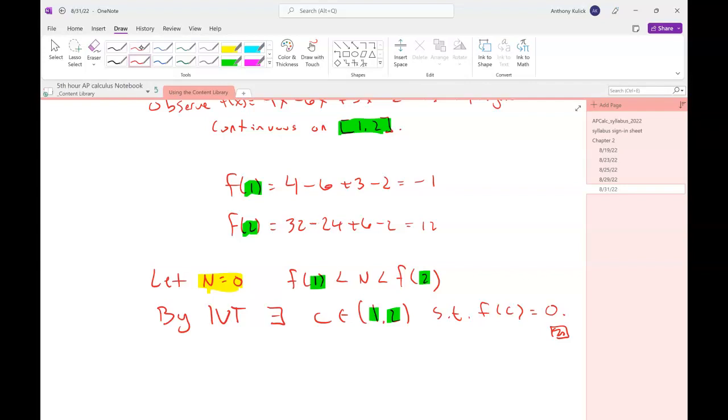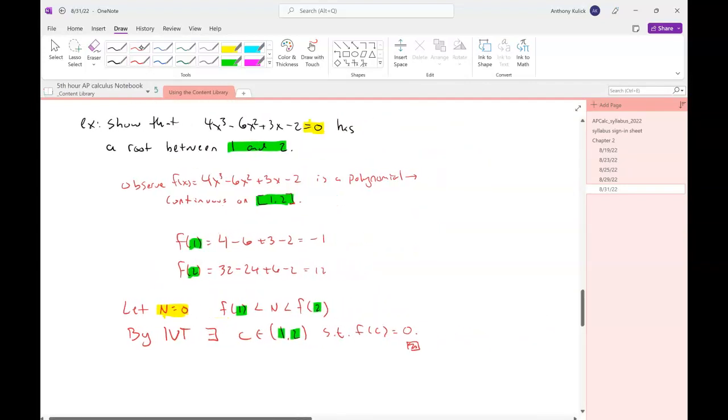You wanted it to equal 0 because at the top, the whole equation is equal to 0. That's why I chose n to be 0. Ask your question.